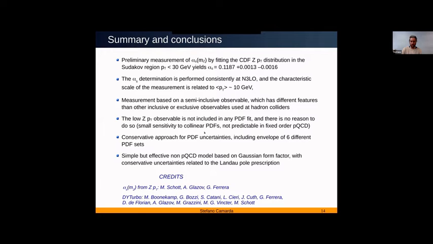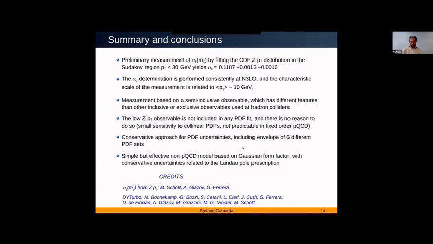I use a conservative approach for PDF uncertainties, including an envelope of 6 different PDF sets, and in particular, what I found important to be conservative is to include CT18Z and ABMP, because they really include some kind of different physics that is relevant for this measurement. The non-perturbative QCD model is based on a Gaussian form factor.